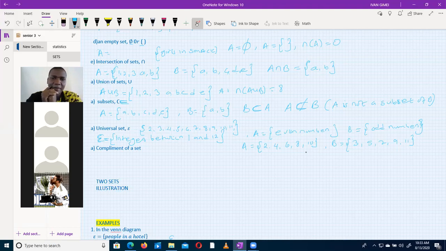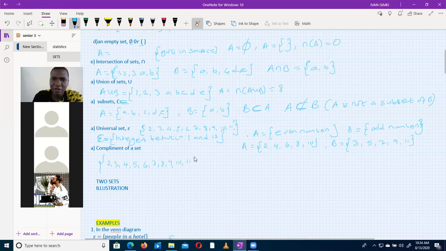Then lastly, the last term that we're looking at is complement of a set. Here we have the universal set, having elements 2, 3, 4, 5, 6, 7, 8, 9, 10, and 11.